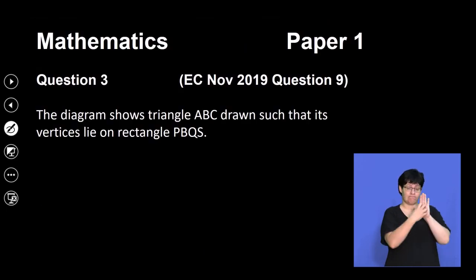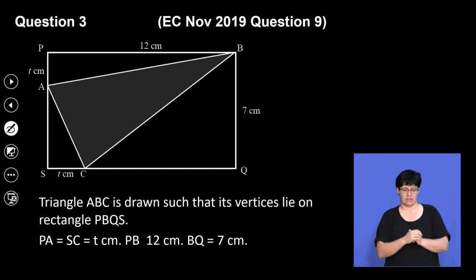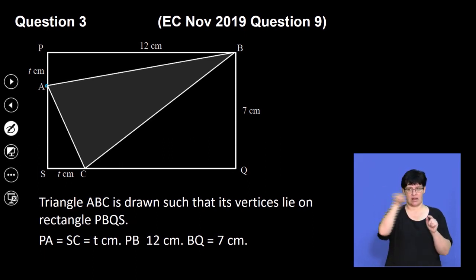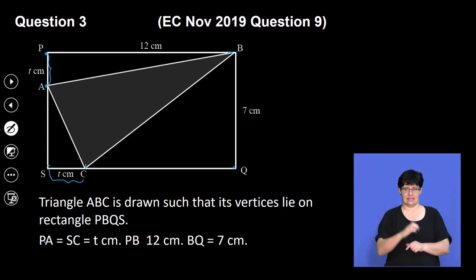The diagram shows triangle ABC drawn such that its vertices lie on rectangle PBQS. So there's our triangle ABC, and of course there's our rectangle PBQS. Now we're also told that PA is equal to SC is equal to t centimeters, so that's our variable.